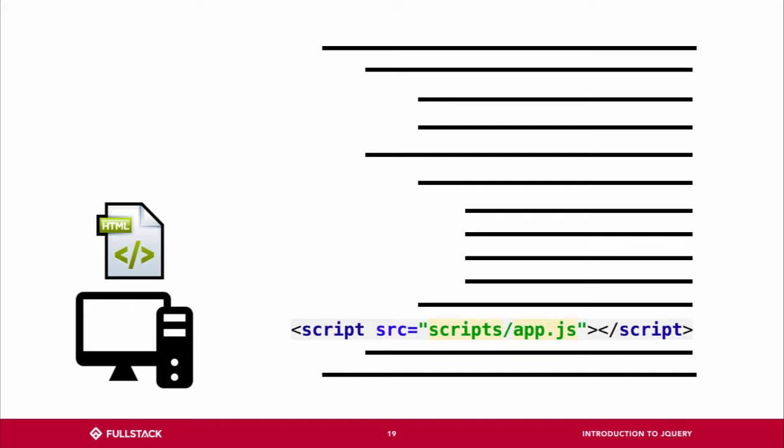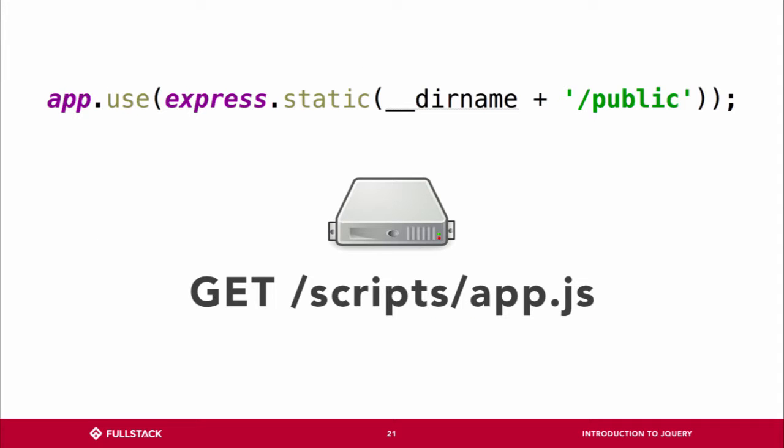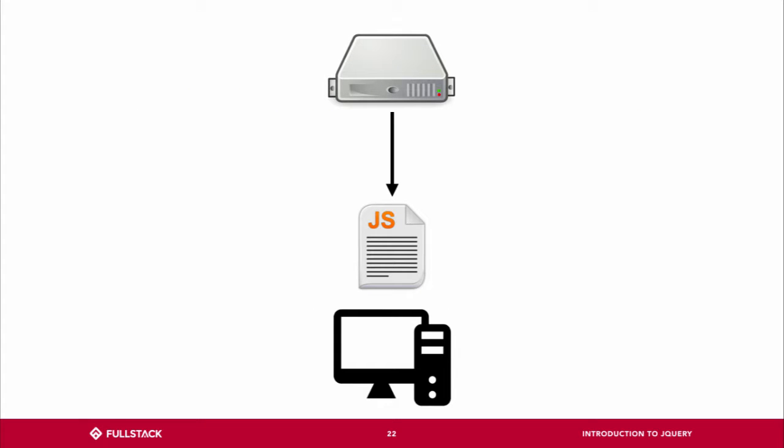Again, with our applications up to this point, we really haven't done too much of this. We've done style sheets, but we haven't done much of anything with client-side JavaScript. So on the server side, we'll write some code where we have a static route where we return this file, and this JS file will go back to the client.